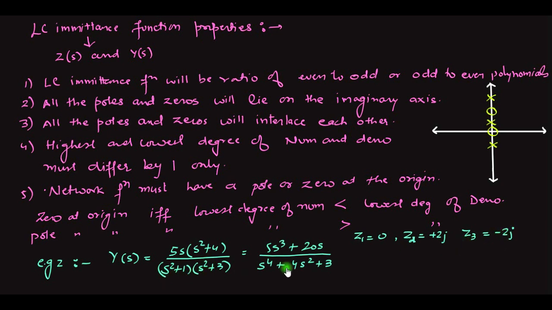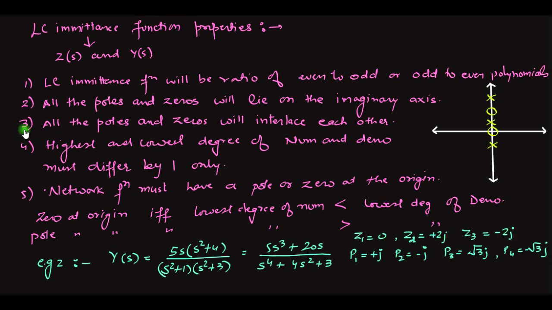Similarly, from the denominator I will get 4 poles: P1 equal to plus j, P2 equal to minus j, P3 equal to plus root 3 j, and P4 equal to minus root 3 j. As you can see, it is satisfying the second property, which says all the poles and zeros will lie on the imaginary axis, because they have only imaginary part.